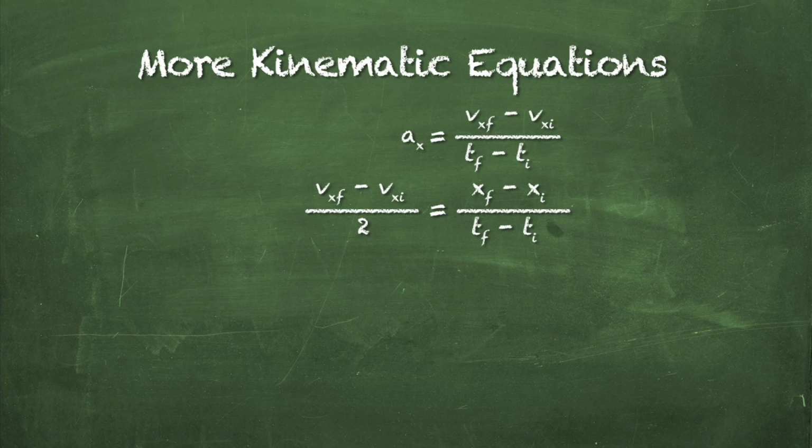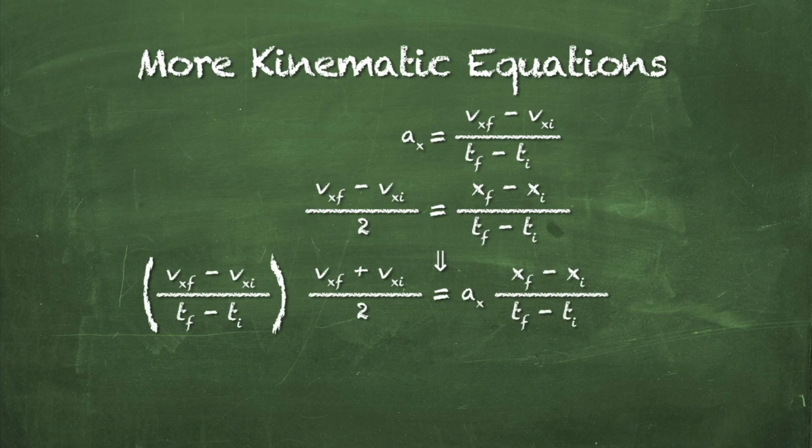If we take the left-hand side of that second equation and multiply it by the right-hand side of the first, then we would have the quantity (Vx final minus Vx initial) divided by (t final minus t initial) times the quantity (Vx final plus Vx initial) divided by 2 equals the left-hand side of the first equation times the right-hand side of the second. Or Ax times (x final minus x initial) over (t final minus t initial).